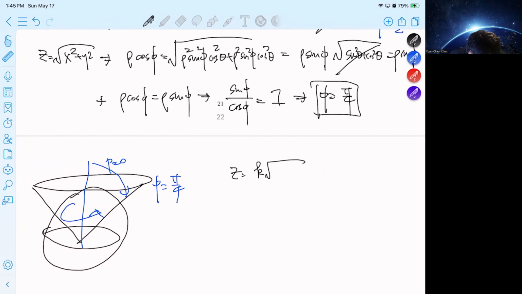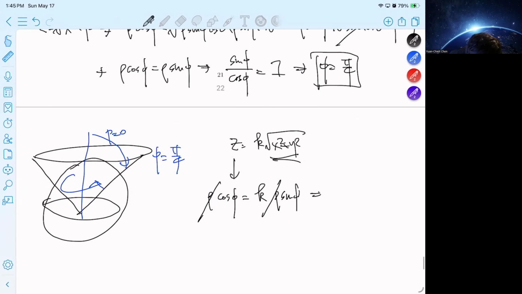We do the exact same calculation. It'll be rho cosine phi equals k rho sine phi. So rho disappears, and we will have tangent phi is 1 over k. So the graph of this will be arctangent 1 over k. This is some tricky thing, but it's okay.